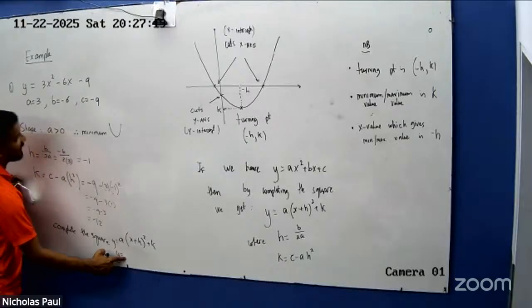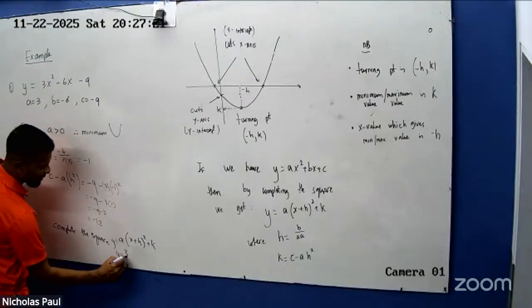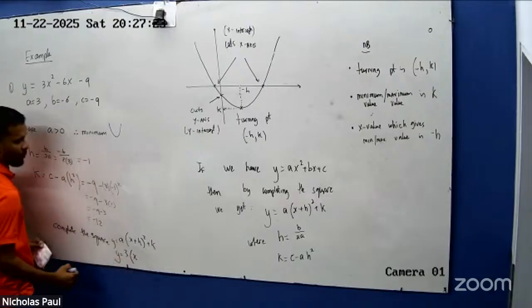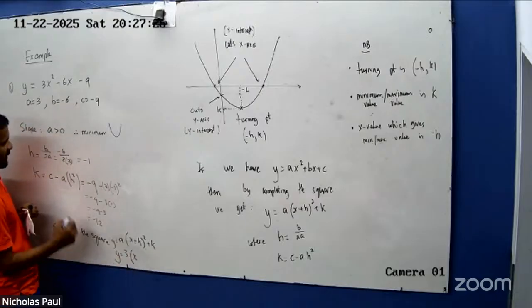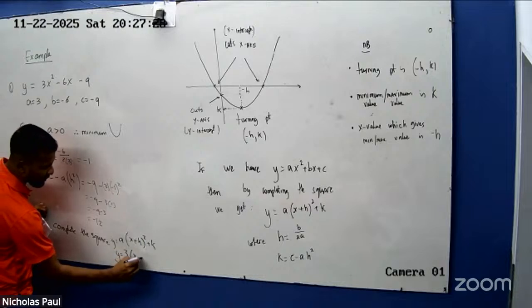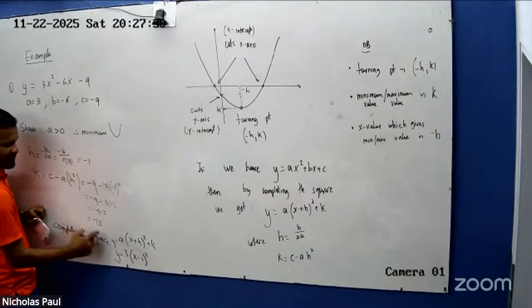We know what A is, A is 3. We know what H is, H was minus 1. And we know that K is minus 12.